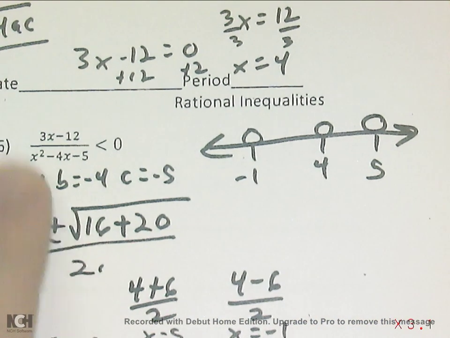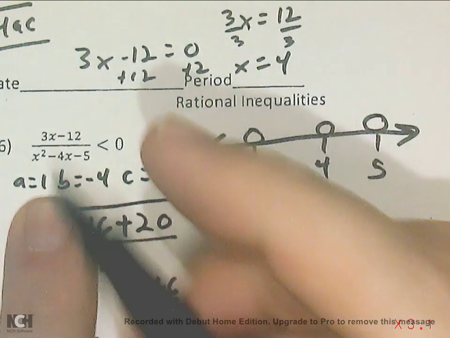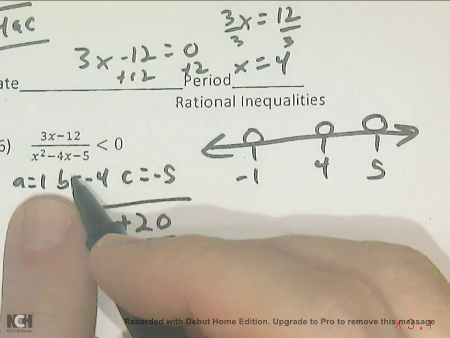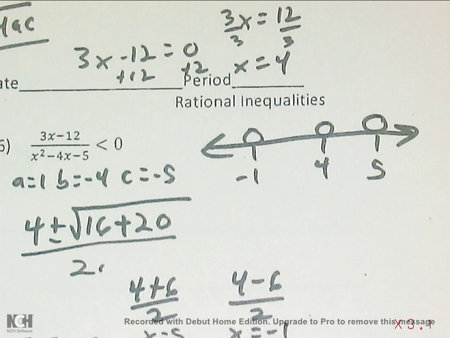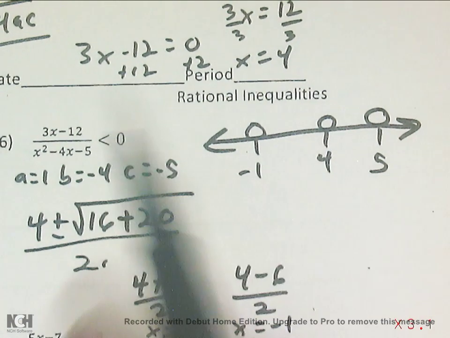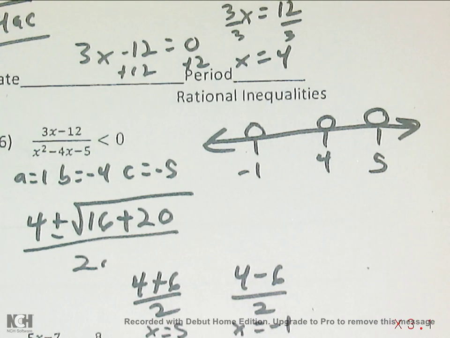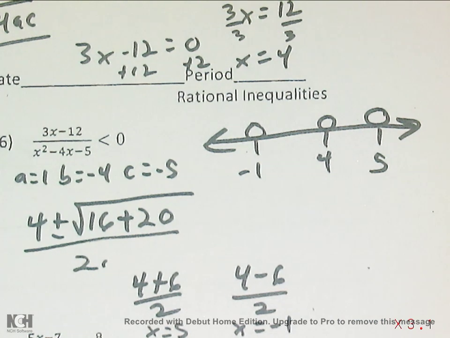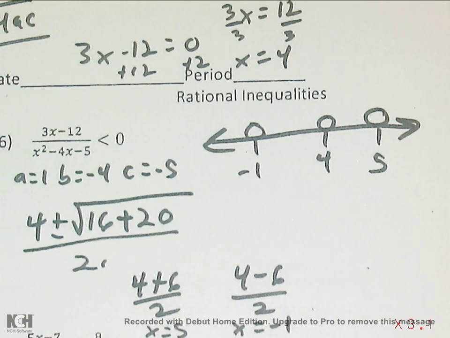Now this is going to be kind of a pain to test because you've got a big old equation here to actually test. So I'm going to shortcut here, and I am going to just very quickly look at my answer key.